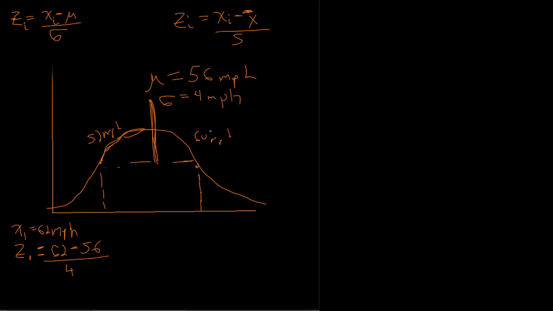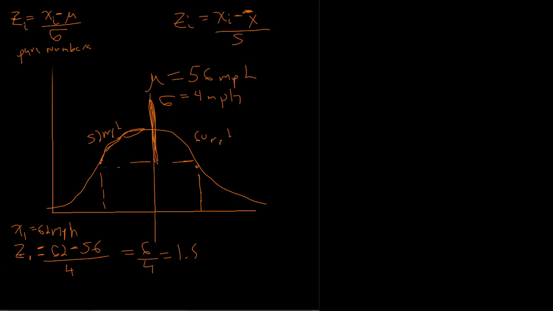Now what you should note is I have miles per hour as my unit upstairs and miles per hour as my unit downstairs. That means the unit cancels out, and z-scores are pure numbers. So we can use them to compare, and they talk about measuring things in terms of standard deviation. So 62 minus 56 is 6, divided by 4, which is 1.5.